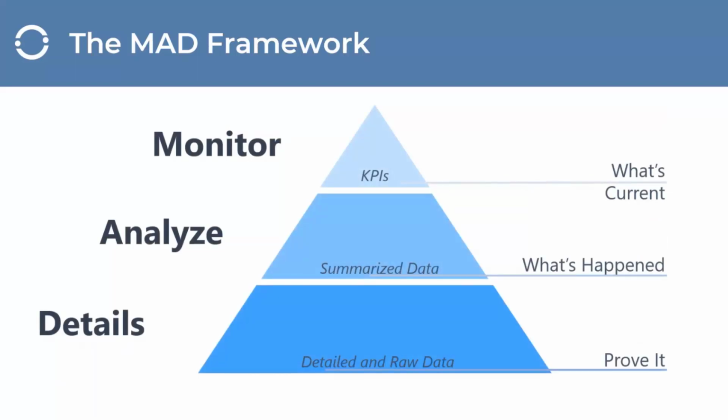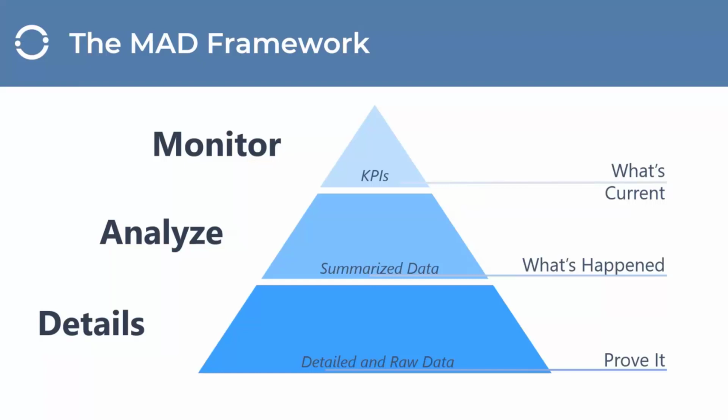So let's look at, here's what's current. That's my monitor layer. What happened? That's in the analysis layer. So you can see some trends over time or by grouping. You can do some very complex things using the Data Analysis Expression language. But you want to see largely what's trending when you're doing analysis in this regard.